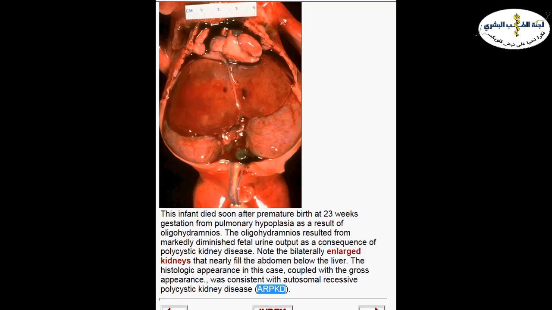Now, the gene mutation is called the PKHD1 gene, and this mutation will result in an abnormal protein, very important from the renal tubules. We call it fibrocystine protein. Okay, so this protein is present in the renal tubules. That's why when we have a mutation in this protein, it will end up in having cystic diseases of the kidney.